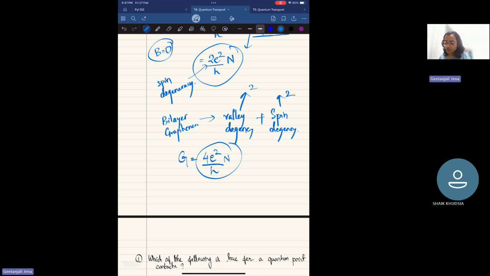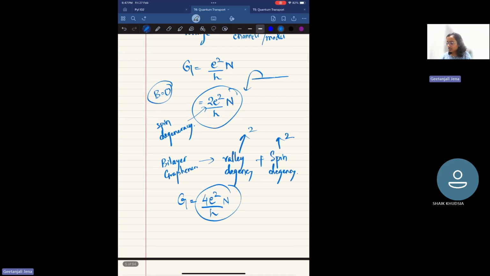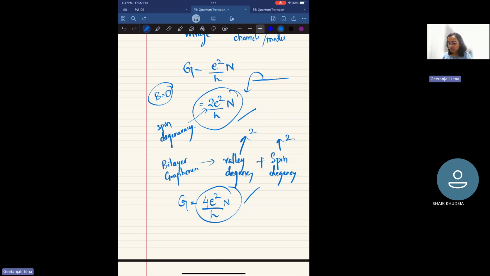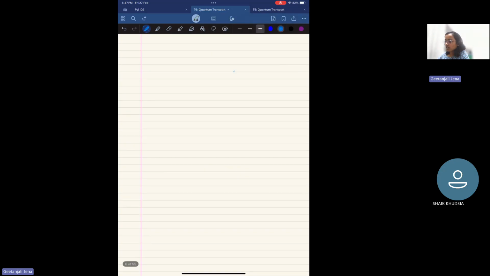Okay, so let us see what we have in the next case. In the previous part, we have seen spin degeneracy and valley degeneracy, and after that we have seen the conductance in the semiconductor, the 2D electron gas in a heterostructure.